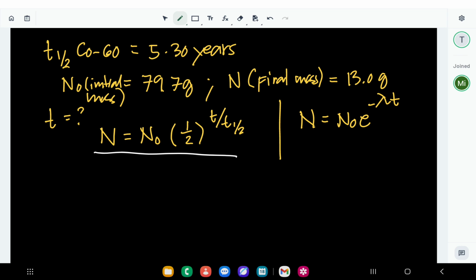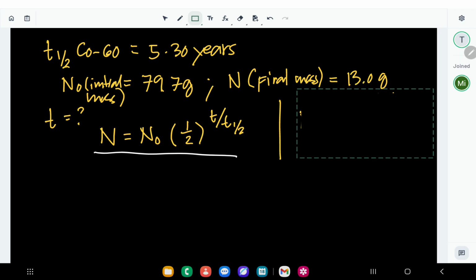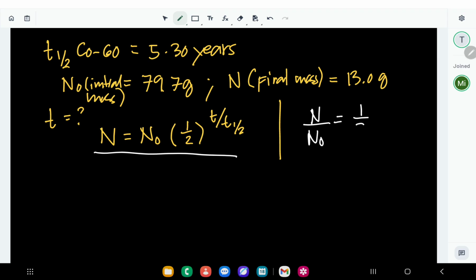Okay, or no, this is decay. For half-life, it should be n over n sub initial equals 1/2 to the t over t 1/2.